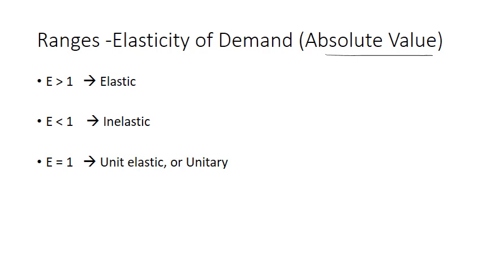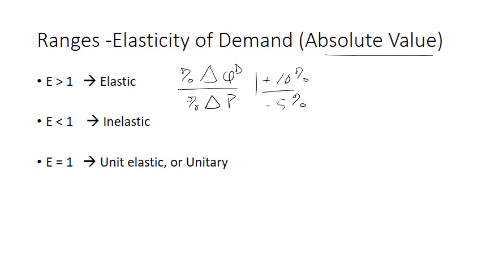Okay, so if you calculate that and you get a number that's greater than 1, then this means that the percentage change that you got out of the quantity demanded, right, was larger than the percentage change in the price. So something like there was a 10% increase in quantity demanded when there was a 5% decrease in price. Take the absolute value of this, and we end up with a value of 2.